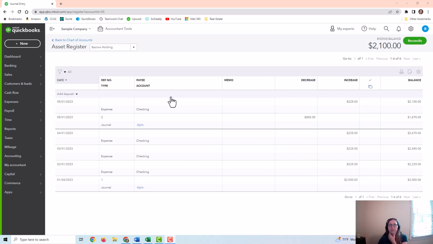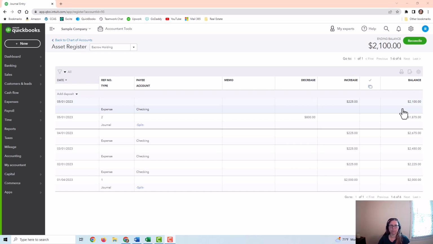So before there was $2,900 showing in this account when I ran that balance sheet. Now there's only $2,100. So that means as of May 1st, there's going to be $2,100 that your mortgage company is holding to make payments on property taxes and insurance.